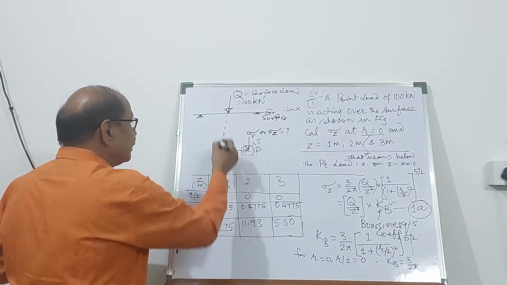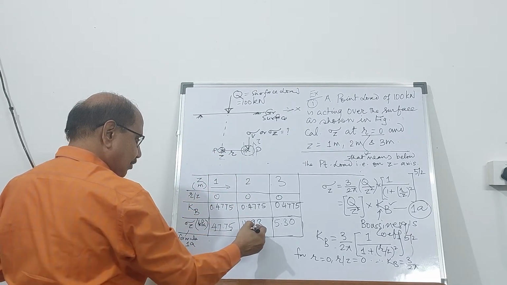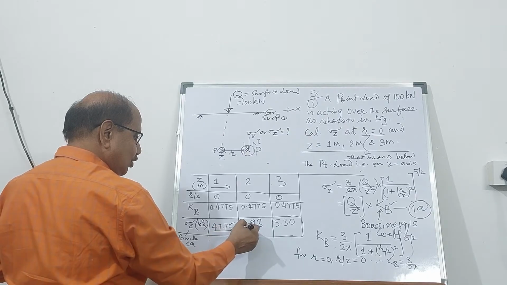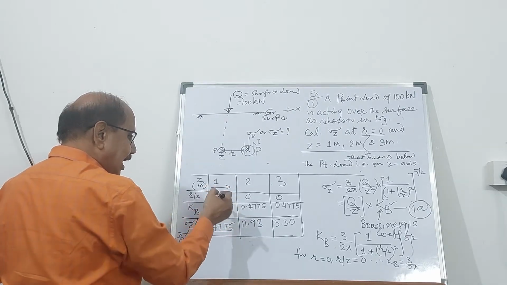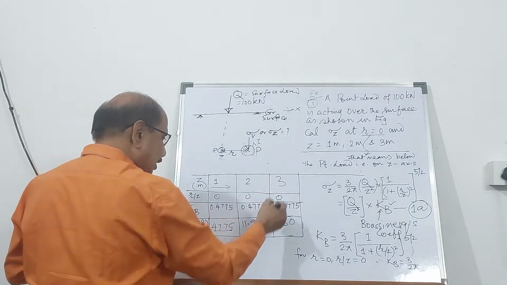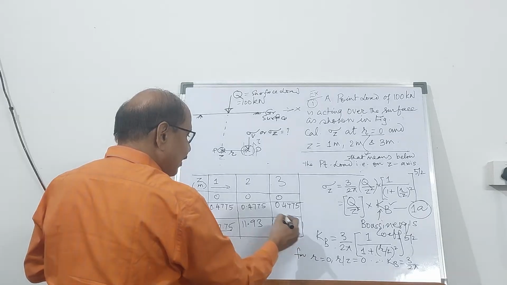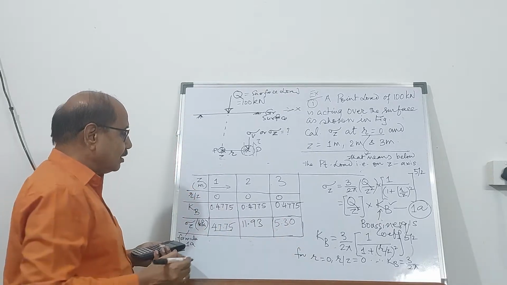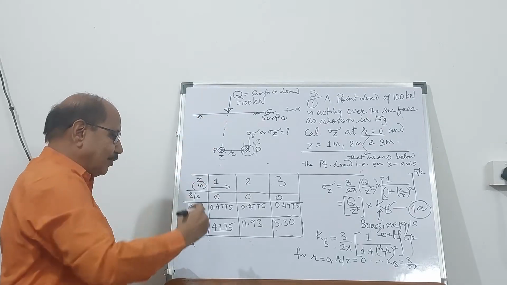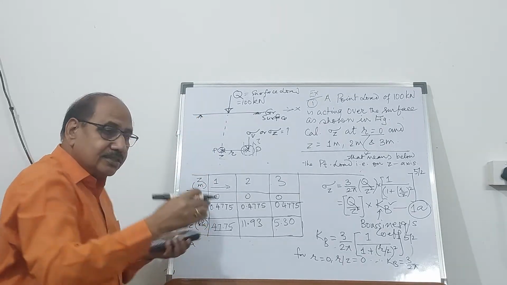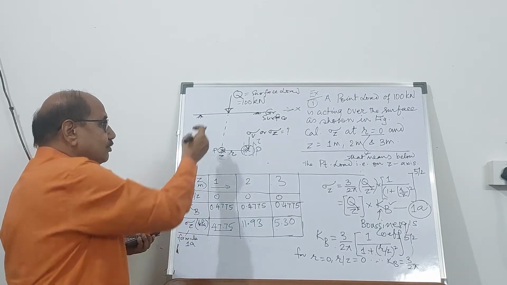At 2 meter, just below this, the value reduces to 11.93, and at Z equal to 3 meter, it becomes merely 5.30 kilopascal. So as you go down from the ground surface, the vertical stress is going to decrease. That's a very important conclusion which we get.